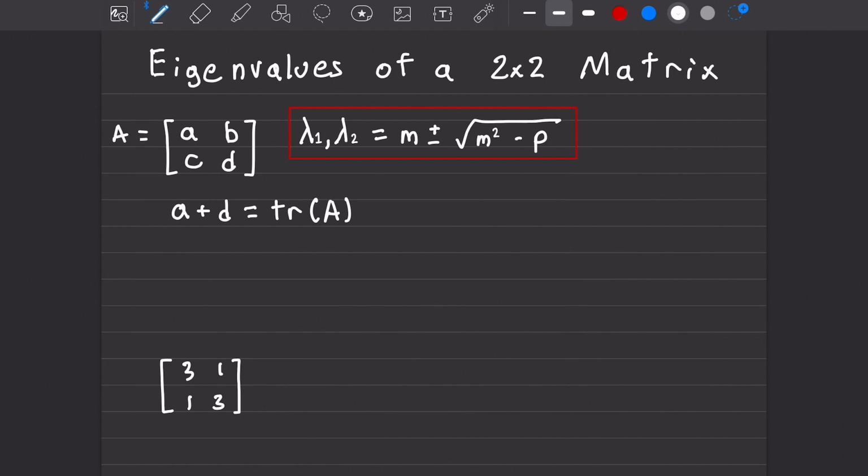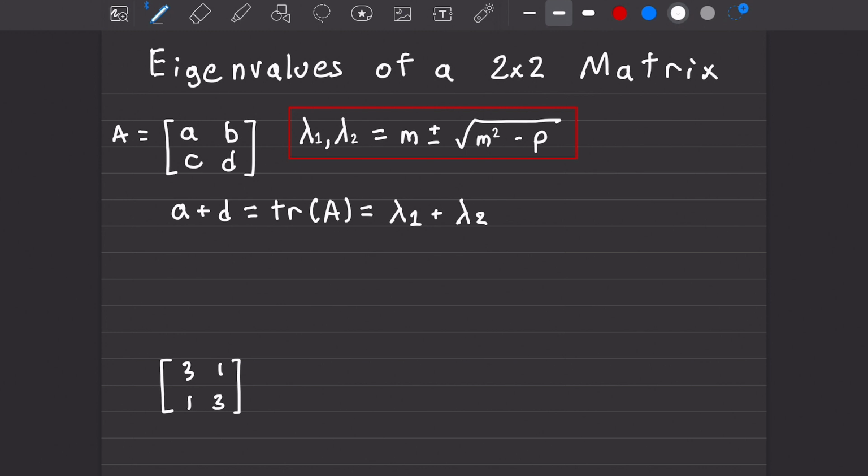Now, an interesting property of any square matrix actually is that the trace of the matrix is the same thing as the sum of the eigenvalues. So you can see we have A plus D is equal to lambda 1 plus lambda 2. And then the next property we have is that the determinant of this matrix is the product of the eigenvalues.